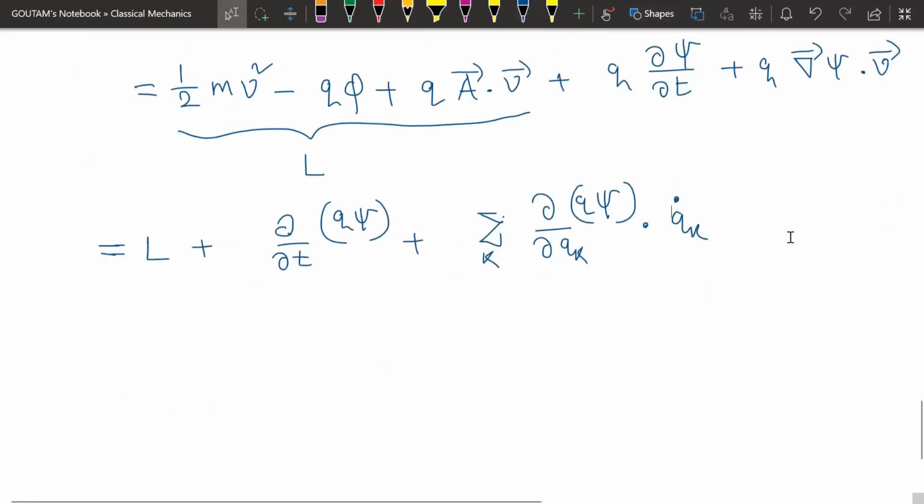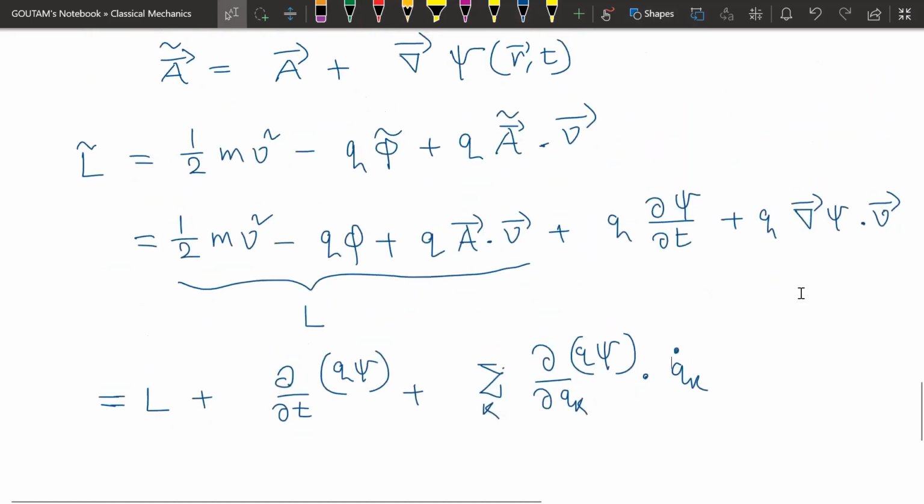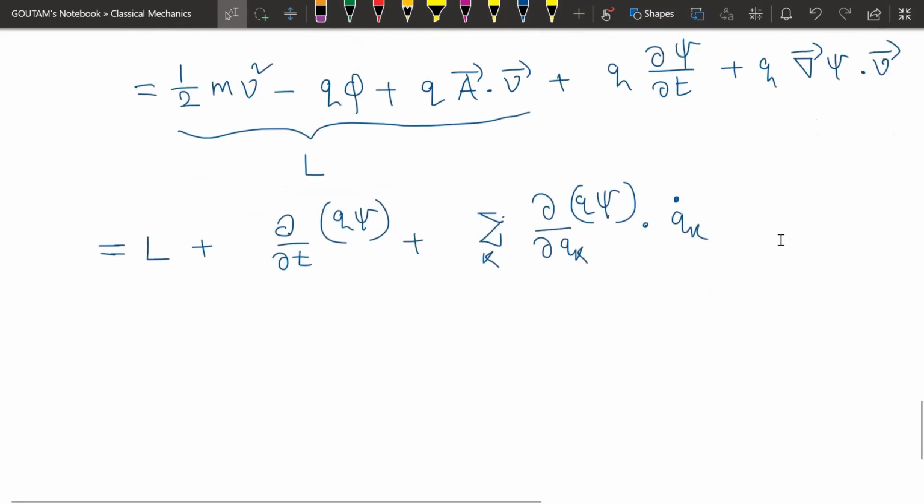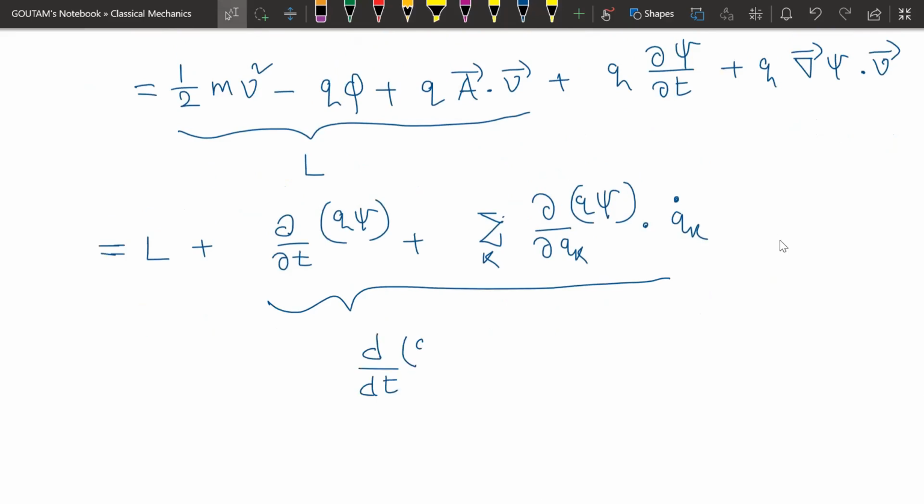So if we write it in terms of generalized coordinates, it will be like this. Here these q_k are the generalized coordinates, and this Q is the electric charge. Okay, so don't be confused by this Q. This Q is electric charge. So this term, if you can recognize, this is d/dt of Q psi, where psi is a function of r and t, and Q is a constant electric charge.